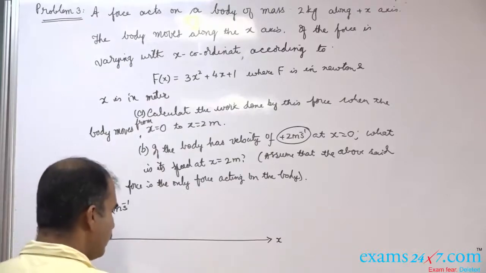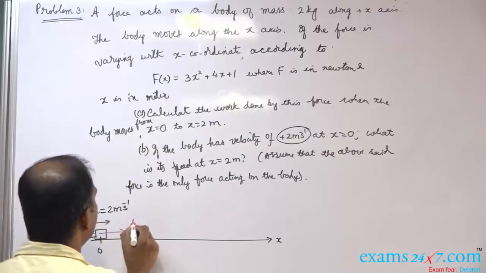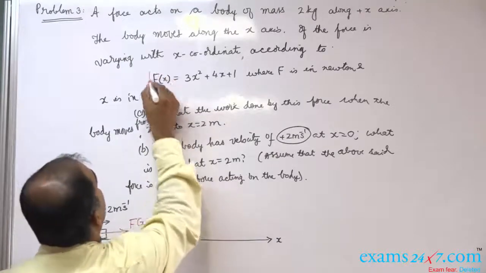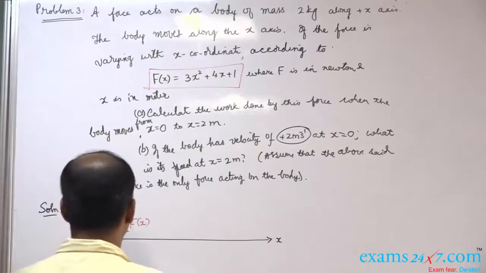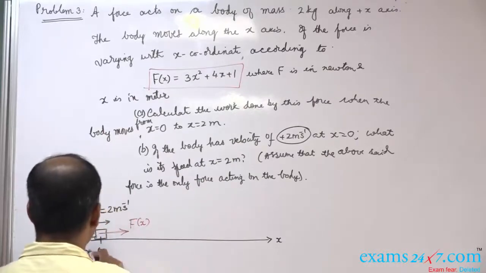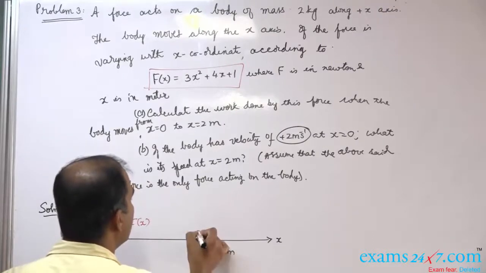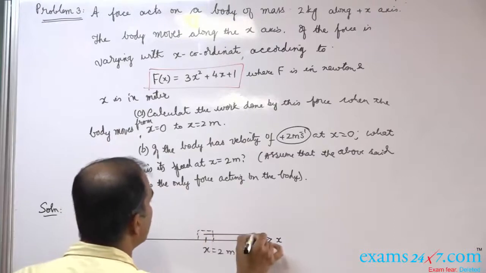Thereafter the force acts, which is not a constant but is a function of position coordinate x, and how it exactly varies is given by the formula here. So when it moves from x equals 0 to x equals 2 meter, we have to find out how much is the work done by this force.